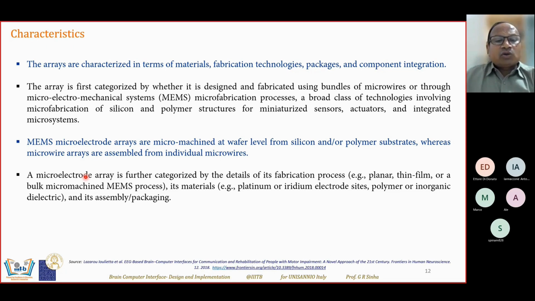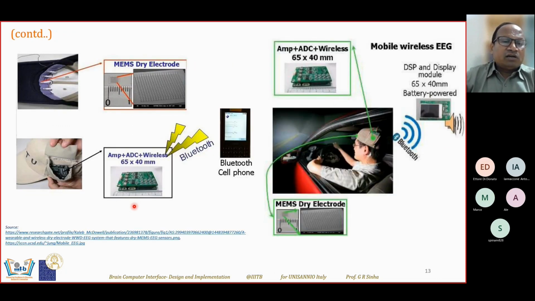It can also be categorized by the fabrication process, like planar process, thin film technology, or micro machine MEMS technology, and by the materials, like whether we are using platinum or iridium electrode sites, or polymer or inorganic dielectric materials, and also depending on assembly, how we package accordingly. These are characterized like this. I have included two diagrams.